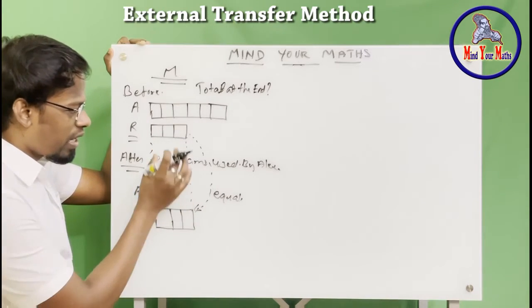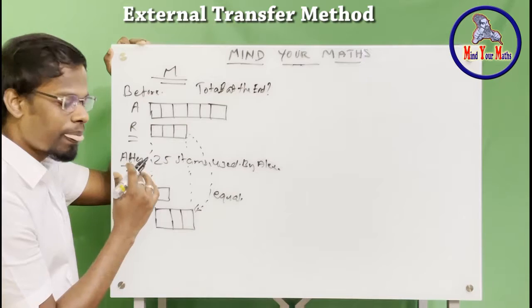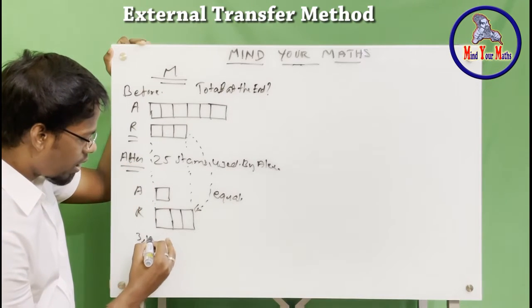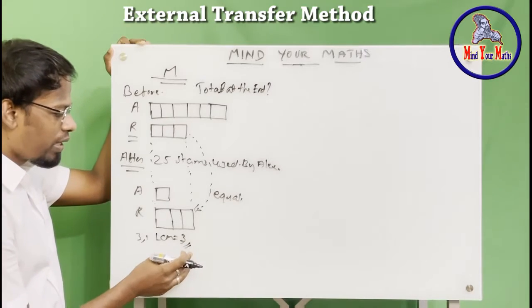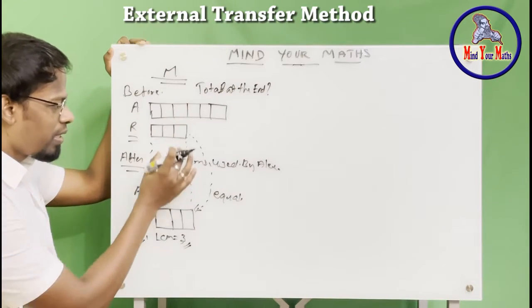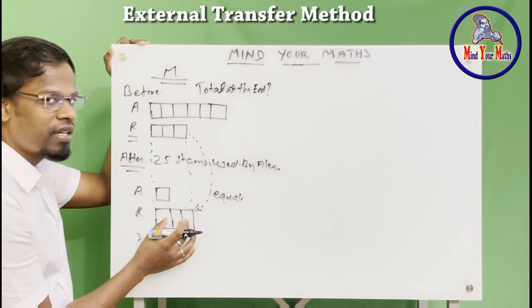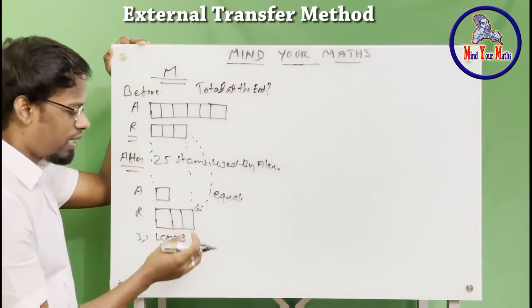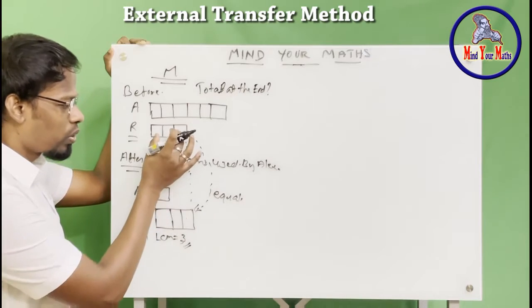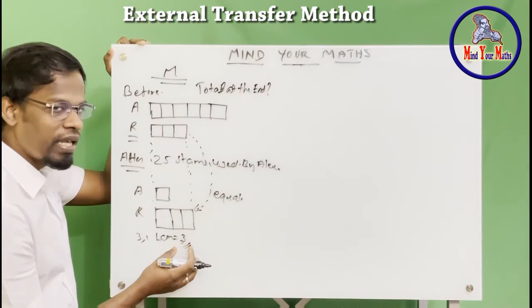So between 3 and 1, what was the LCM? Yes, the LCM of 3 and 1 is 3. That is why we split both of them into 3. This one is already split into 3, but we split this into 3 now, because the LCM is 3, so we have to match both to become the LCM.